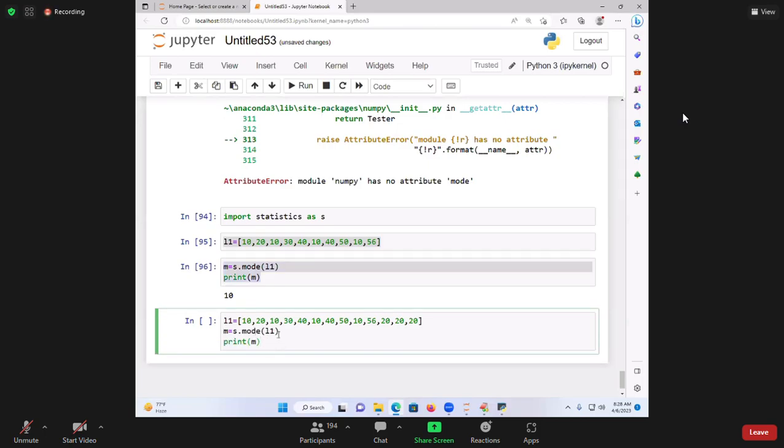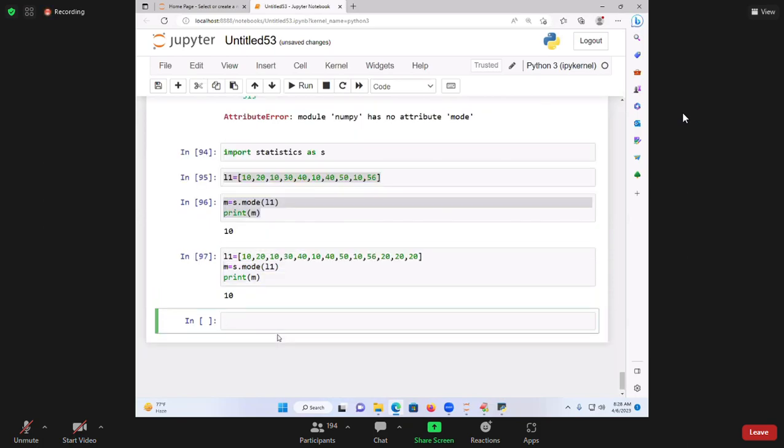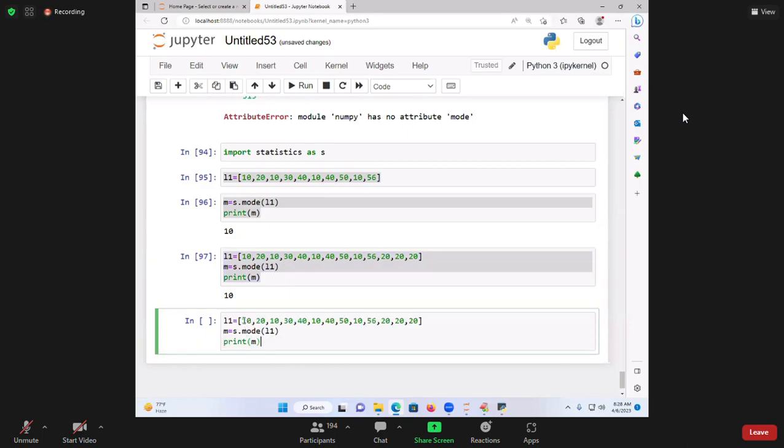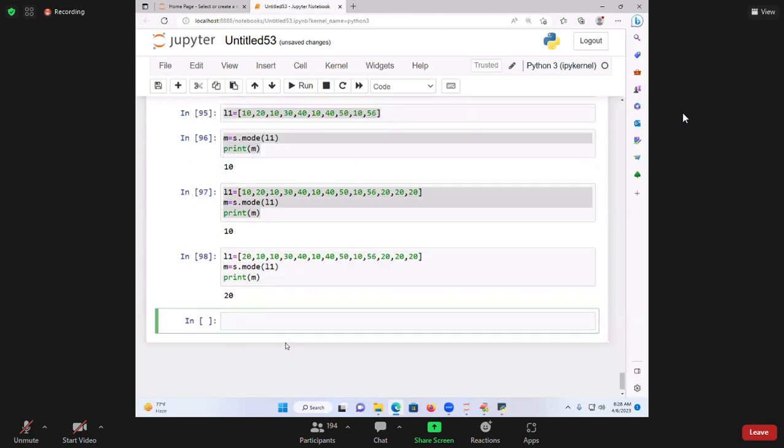What is the answer coming? 10 only will come because first in order is 10. Next, same thing you observe. Everybody must understand. Here I am writing 20 and here I am writing 10. You see the answer, 20. That means the first element, whichever is repeated more number of times, even if the same repetition is there with multiple elements, the first element will be given the priority.